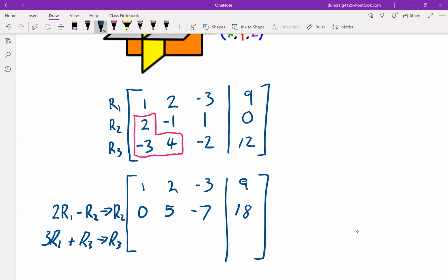So in doing that, 3 times 1 is 3. 3 plus -3 is 0. 2 3s are 6. 6 plus 4 is 10. -3 times 3 is -9. -9 take 2 is -11. And 9 3s are 27. 27 plus 12 is 39.